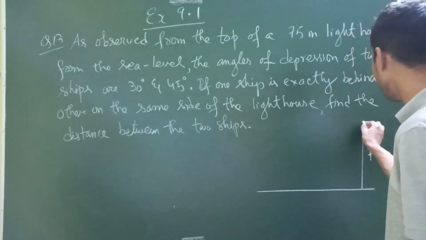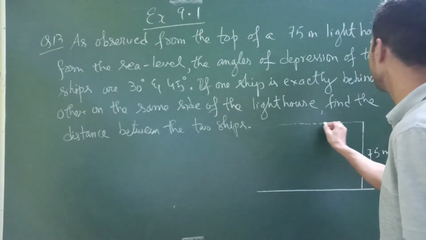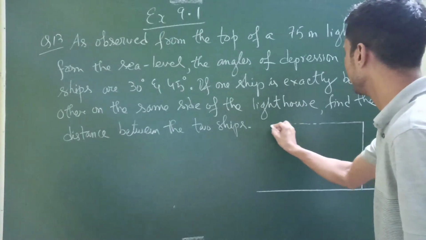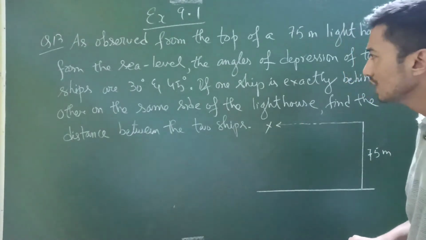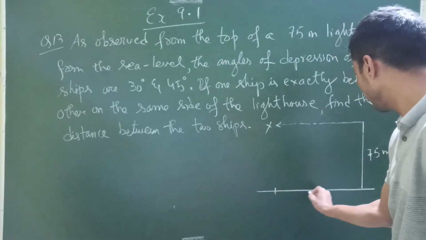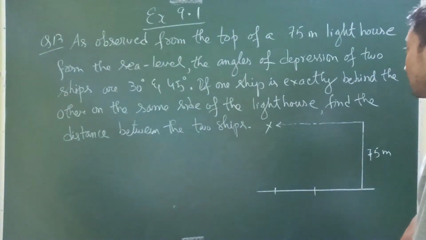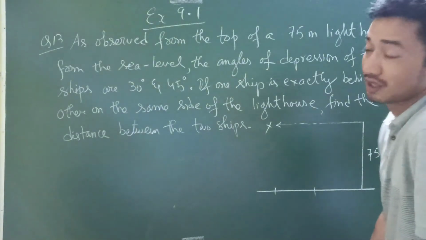The horizontal line is going to be my line of sight, let's say this is X. So I'm observing two ships, maybe one at this position, one at this position, and the angles of depression formed are 30 and 45 degree.